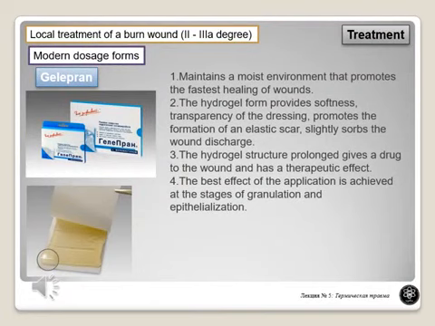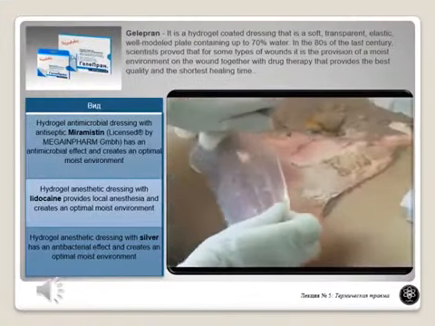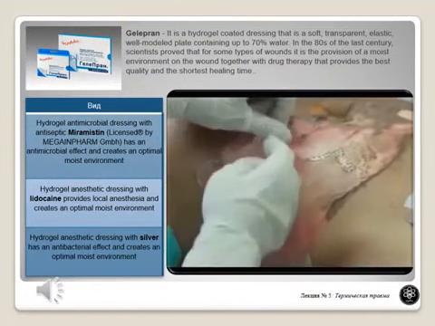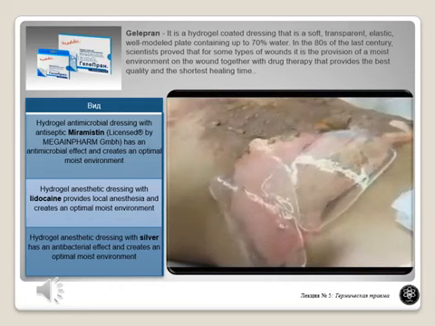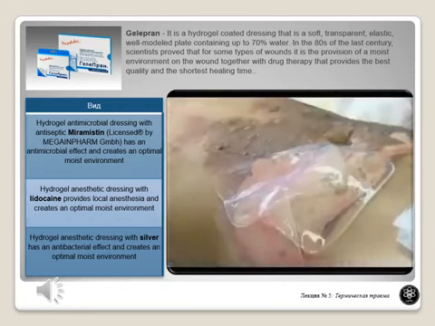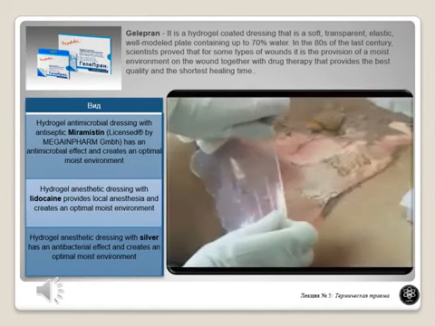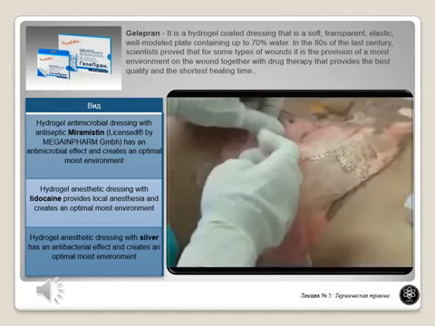The next type of modern wound dressings is gel-based bandages. The domestic version is the so-called Gelipran, presented here on the slide. It is quite an interesting form of release as a gel that allows you to spread it, lay it on the surface of the raw wound and apply a bandage on top.